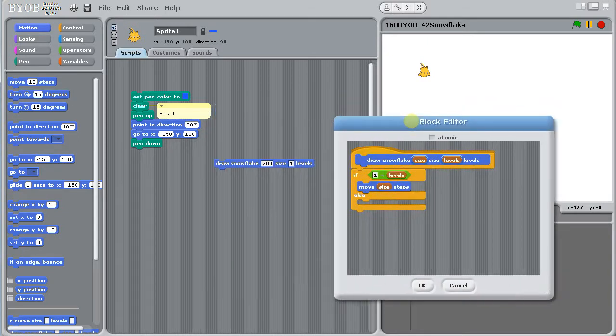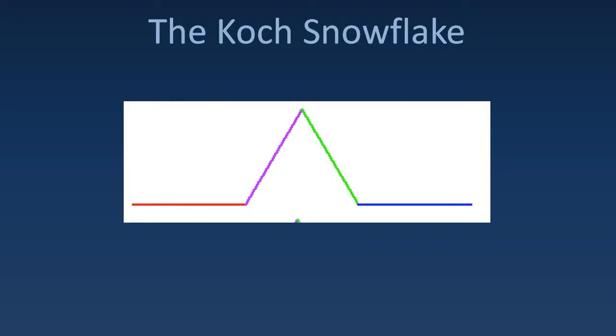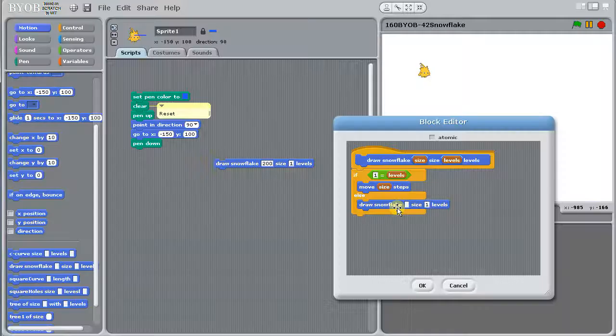And I may mess this up. We'll see how well I do. So I know I want to start by drawing. How do I draw a level 2 snowflake? I draw a level 1 snowflake with size. Now I don't want to go the whole size. Really this should be 1/3, this is a third, that's a third. So I want to break this up into 3 equal sized pieces.